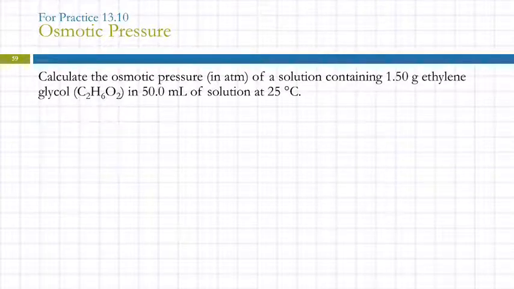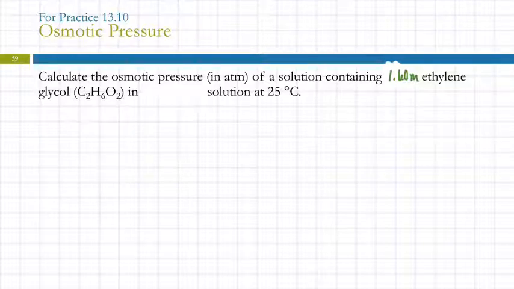So calculate the osmotic pressure in atmospheres of a solution containing 1.5 grams of ethylene glycol in 50 milliliters of solution. Okay, let's do this. Let's just say, I'm changing it so we don't have to calculate the stupid molality.